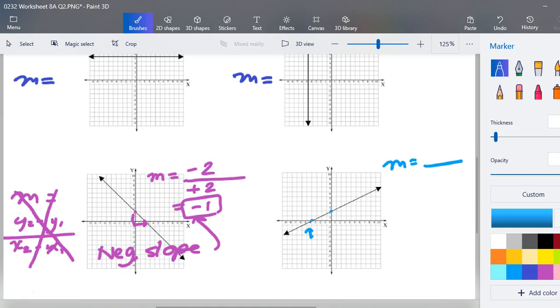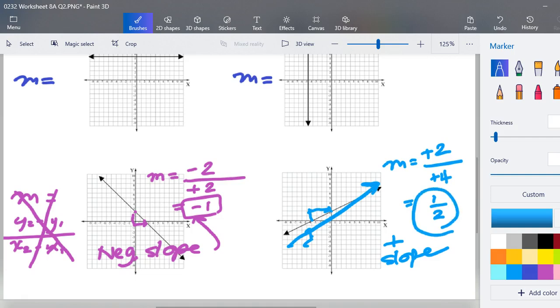So for this dot, I need to go up 2 spaces, and then go in the positive direction 4 spaces. When I reduce this fraction, I get a positive 1/2. Earlier we talked about if the line is going left to right, up, we're going to call it positive. So here's the numerical value.